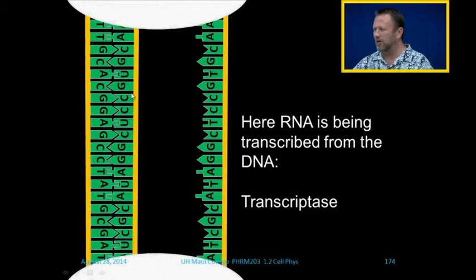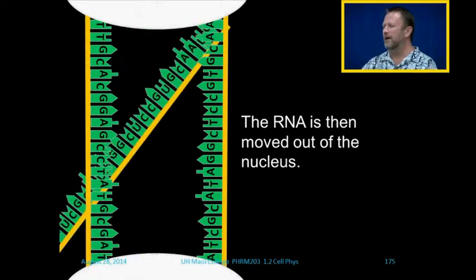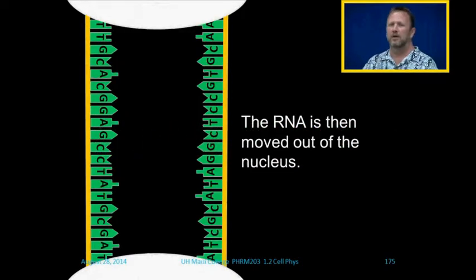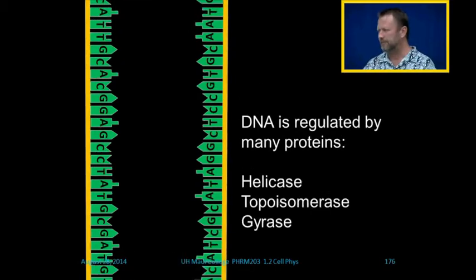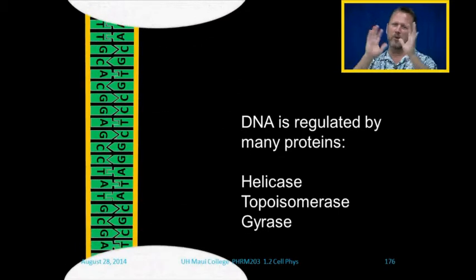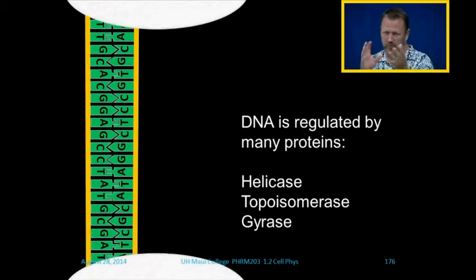So here's my little RNA right here being formed from the DNA. And now we've formed an RNA, and regulatory proteins can take the RNA and move it out. And in this case, messenger RNA is transcribed, moved out of the nucleus to go to a ribosome to form a protein, right? And then our other regulatory proteins, helicase and topoisomerase and gyrase, then put the DNA back together again.